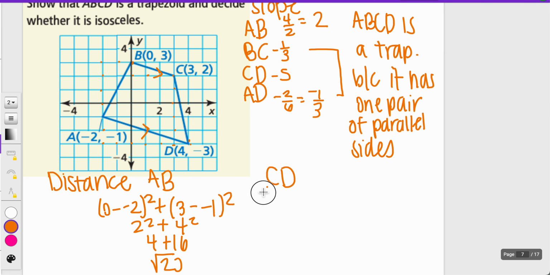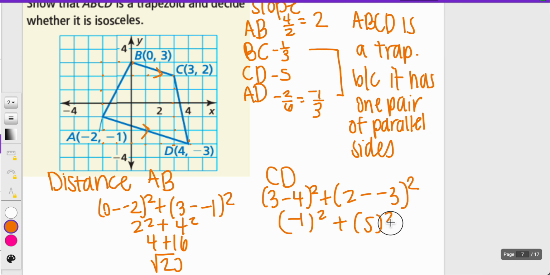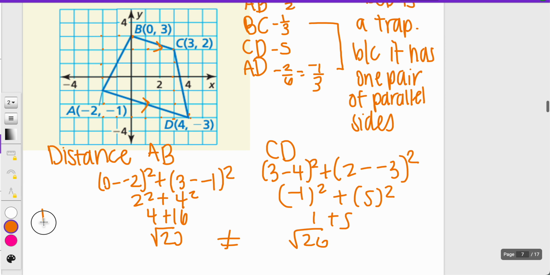CD, I would do 3 minus 4 squared plus 2 minus negative 3 squared. That'll be negative 1 squared plus 5 squared. 1 plus 25 is 26. These are not matching, so it is not isosceles. All I did is use the distance formula for that.